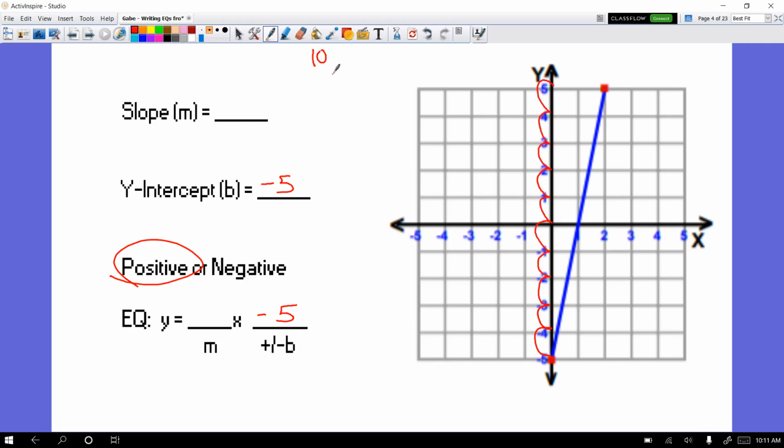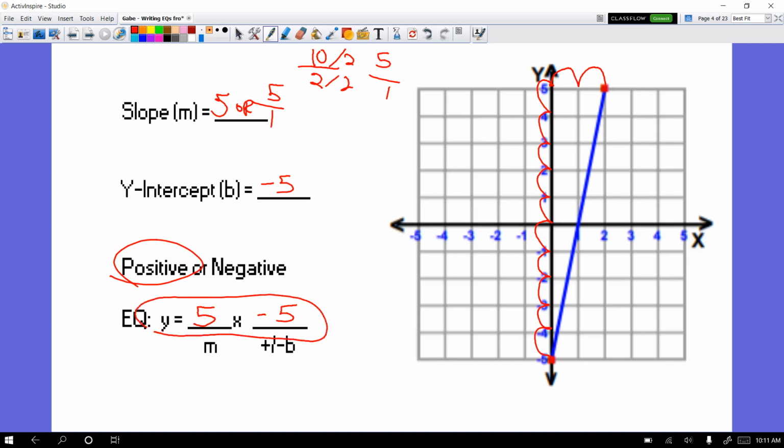So we went up 10, so that's positive 10 over 1, 2. Those are both divisible by 2. We can simplify to 5 over 1. We can do 5 or 5 over 1. They're the same thing. What you're going to see as an equation given to you is this, 5x minus 5. That needs to be written. If you want to put 5 over 1x minus 5, perfectly fine too.